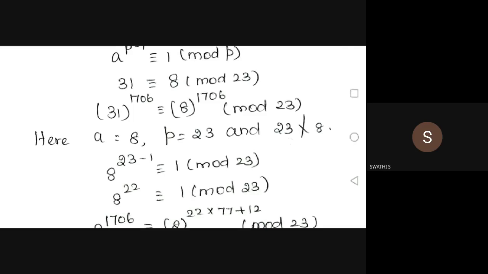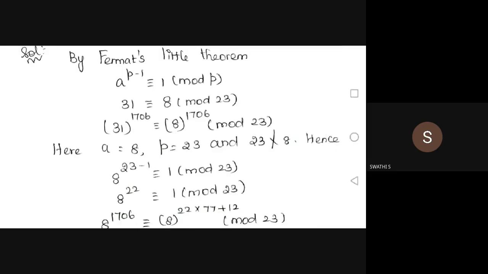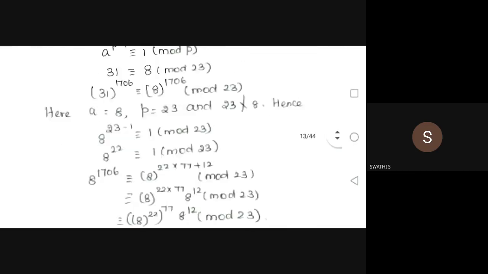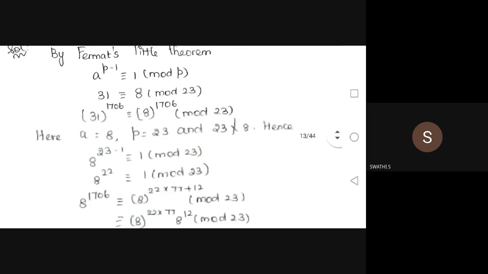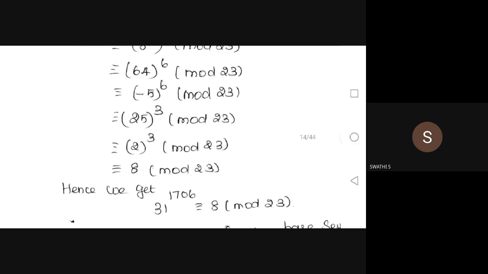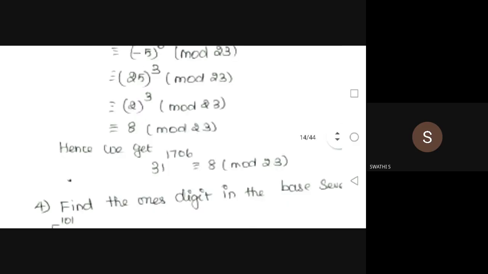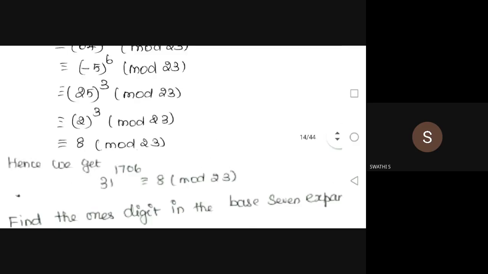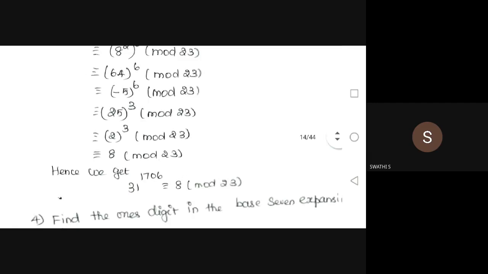Therefore, when 31 to the power 1706 is dividing by 23, which is also getting the same remainder 8. So you have found the remainder when 31 to the power 1706 is dividing by 23 is 8.